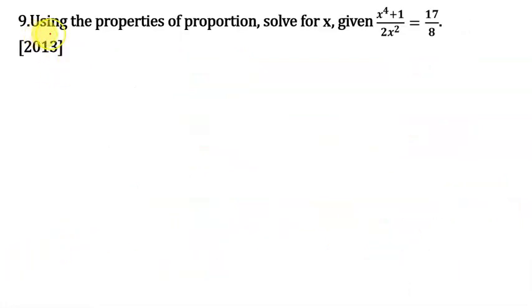Again, now next, using the properties of proportion, solve for x. Okay, given that x raised to 4 plus 1 upon 2x square is equals to 17 upon 8. Okay, now apply here componendo and dividendo.